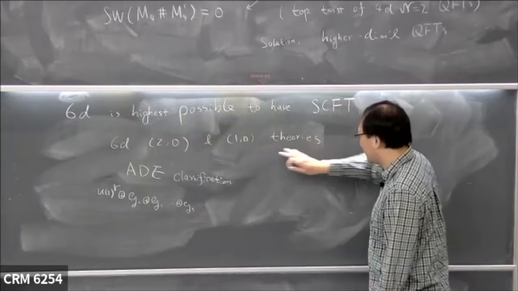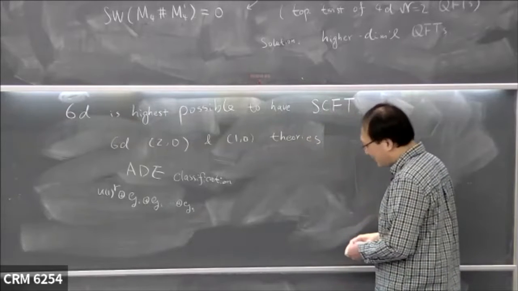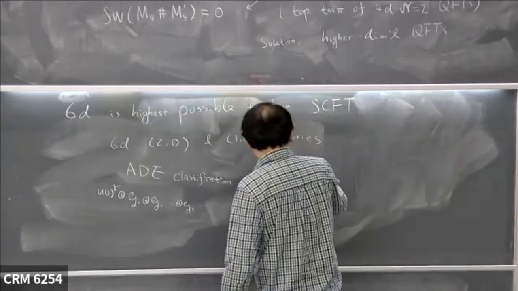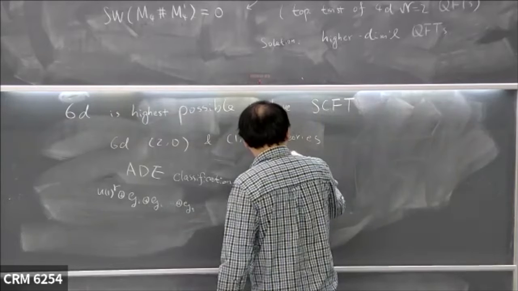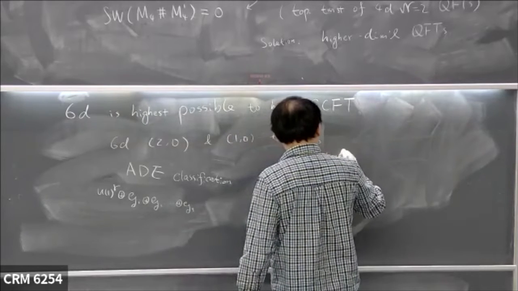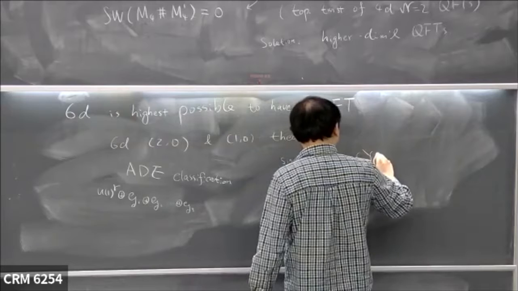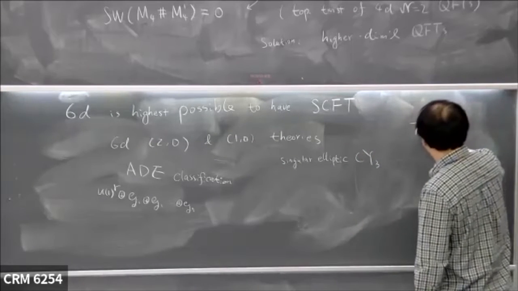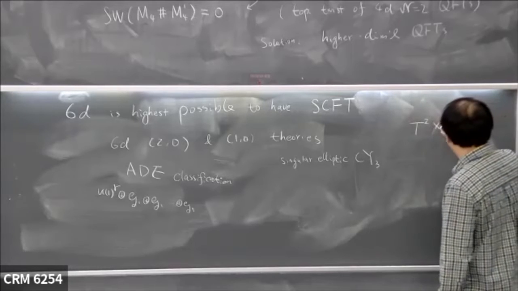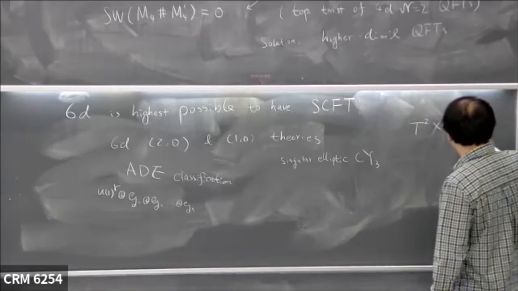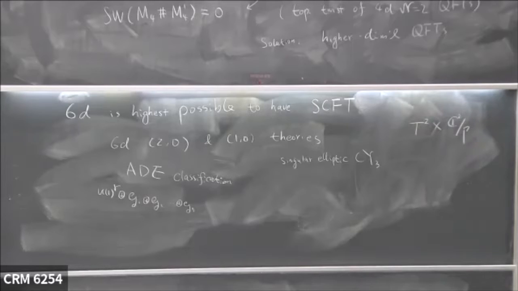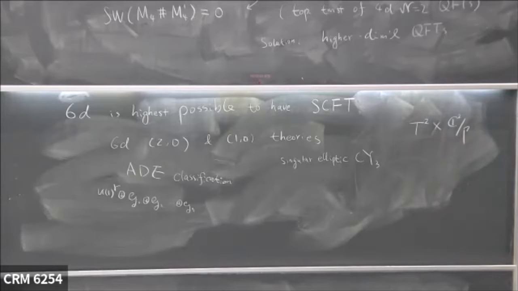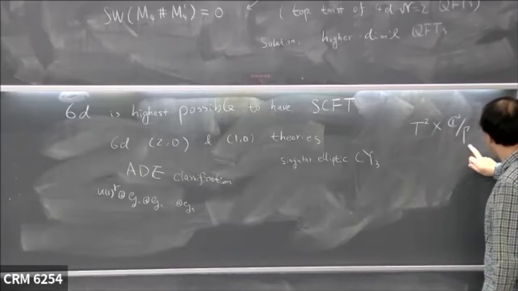For (1,0) theory, there is no complete classification yet, but we know many theories are labeled by singular elliptic Calabi-Yau threefolds. To give some very simple example, you can consider T2 times C2 mod Gamma. That's elliptic because there's a T2 factor. It's singular, clearly singular here.